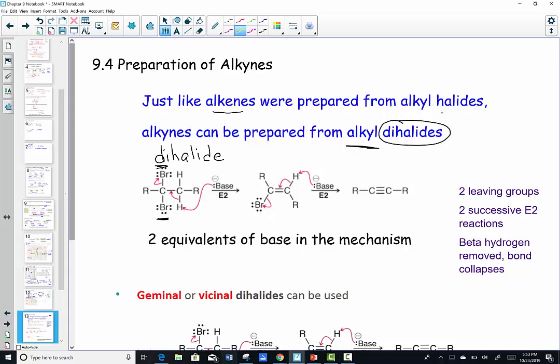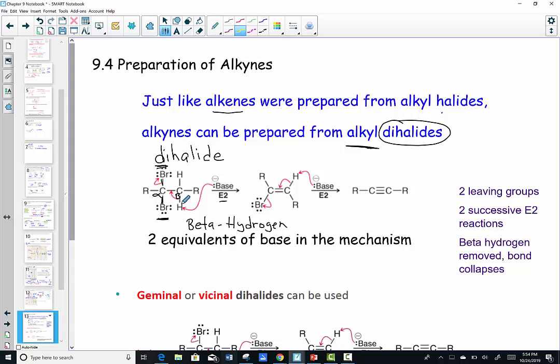So it's a dihalide. In an E2, bimolecular elimination mechanism, we're going to grab the beta hydrogen. So this would be alpha. The carbon that is attached to the halogens is known as the alpha.